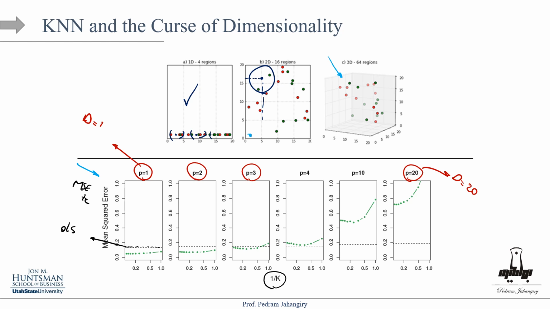It seems that when the dimension of the data is small, let's say equal to 1 or 2, KNN is outperforming. Look at that, the green dashed line. This is MSE in the test set using KNN. KNN is outperforming the simple OLS when dimensionality of the data is small.